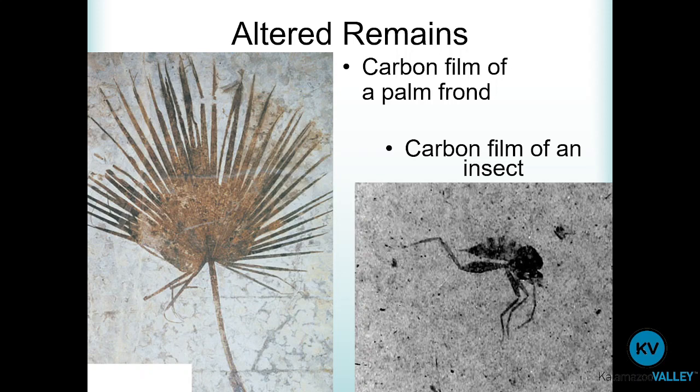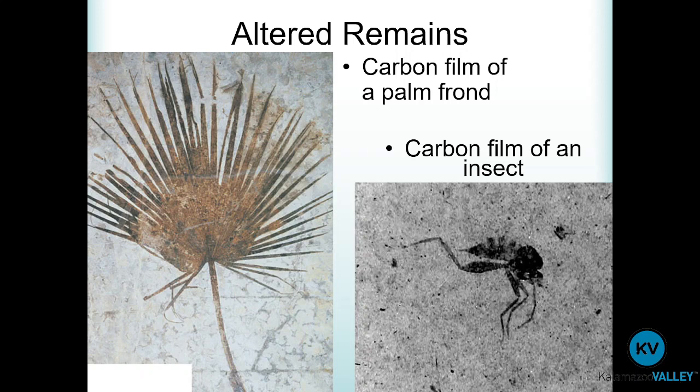Another option for altered remains is the carbon imprint or film left when anything that is carbon based is squished or smashed. That decay or leftover organic material can leave an imprint on a rock. One example of that would be this palm leaf on the left hand side, and another one on the right hand side of a bug.